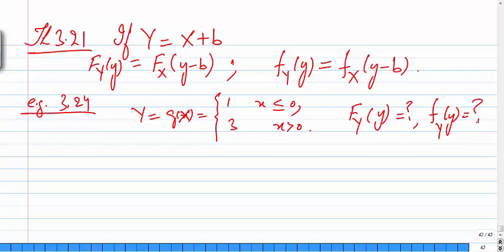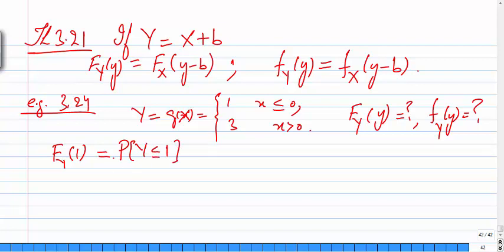Now to find this, how do we do that? So we say that CDF of Y at 1 is equal to probability of capital Y less than or equal to 1.